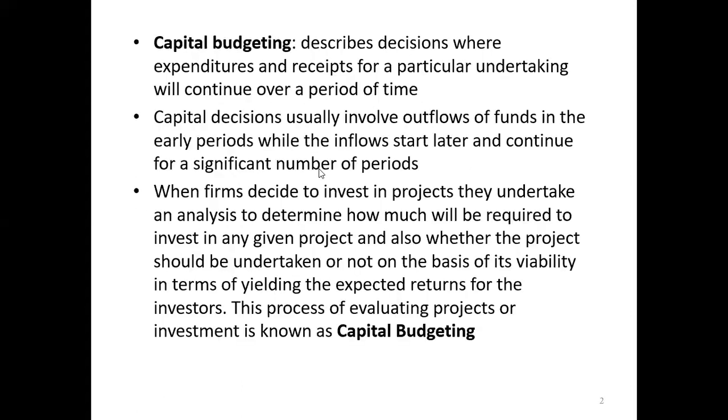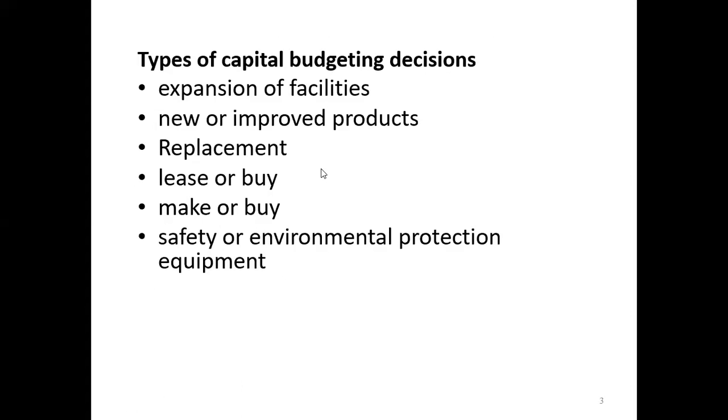There are several types of capital budgeting techniques that we're going to look at. Techniques in capital budgeting include expansion of already existing facilities, coming up with new products, replacing the old products for new, leasing or buying, making or buying, and also considering safety and environmental protection equipment.